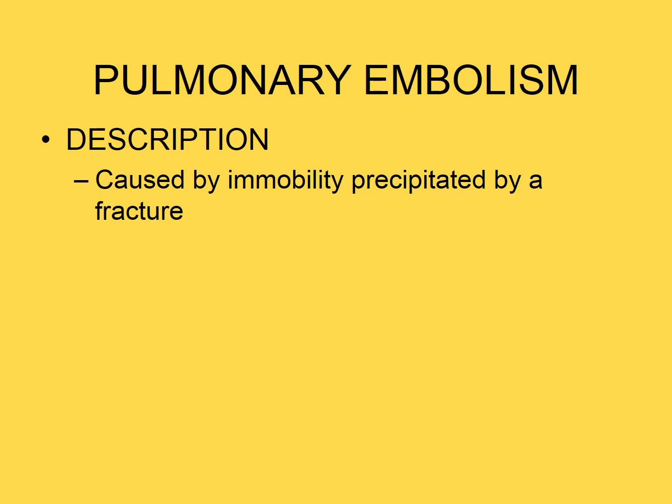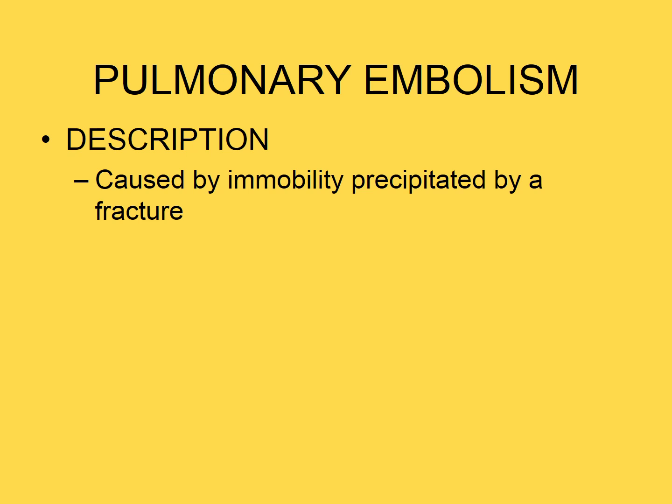Pulmonary embolism is caused by immobility. That's usually precipitated by the fracture that they have, right? So you're not getting up, you're not active, then a blood clot forms. What are some of the assessment findings that make you suspect this? There's restlessness, apprehension, dyspnea, diaphoresis, and arterial blood gas changes.